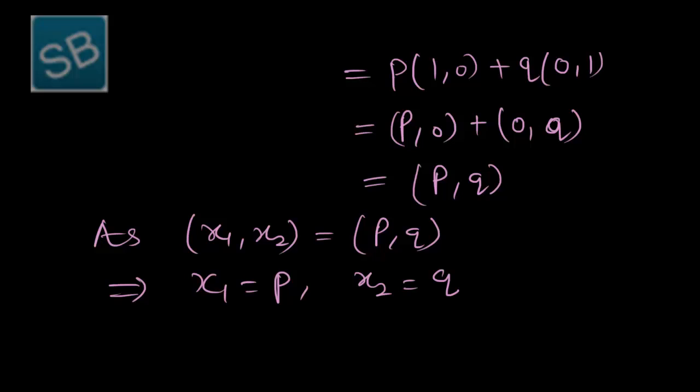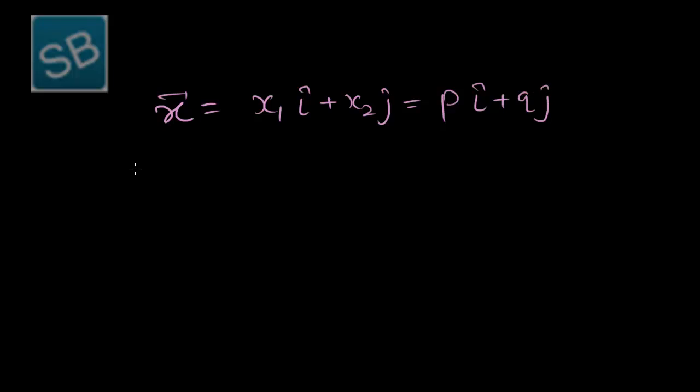That is vector x = x1i plus x2j = pi plus qj.